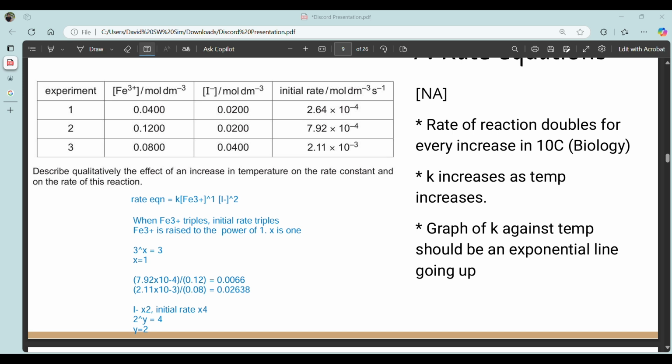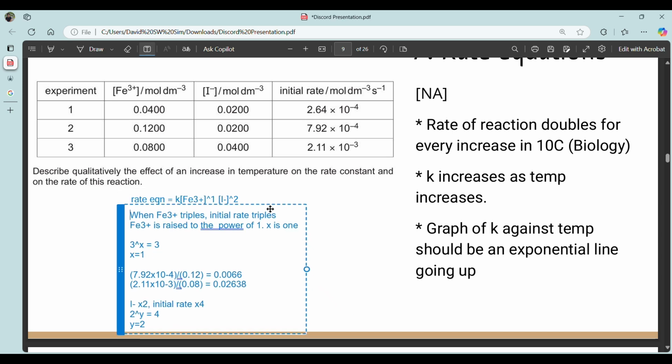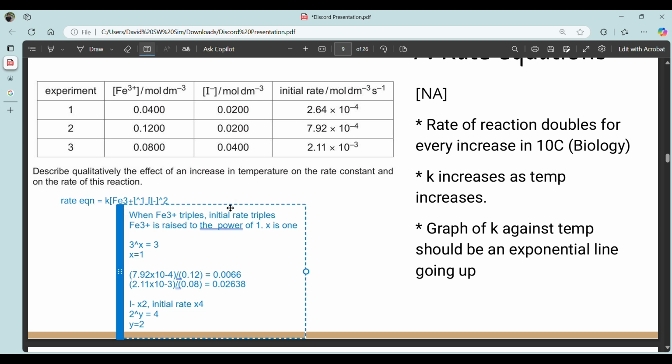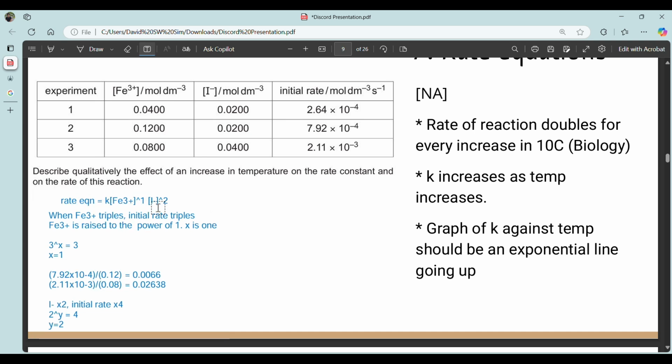If no questions, then I'm going to go into calculating the rate constant. Let me move this to the side a bit. Okay, the rate constant. We already know the equation is k times Fe3+ times iodide squared.